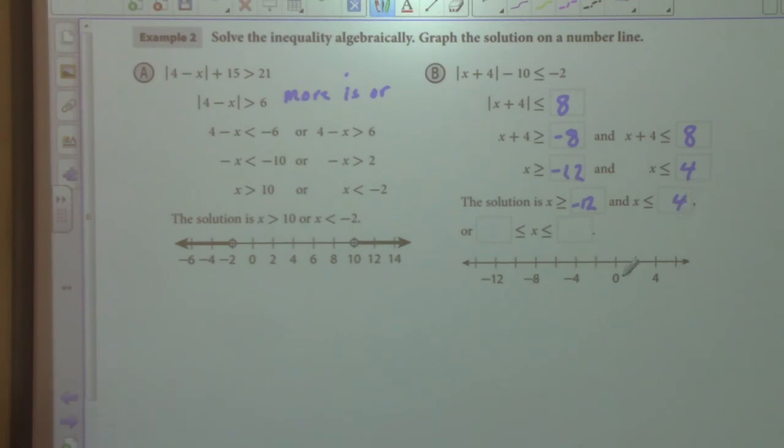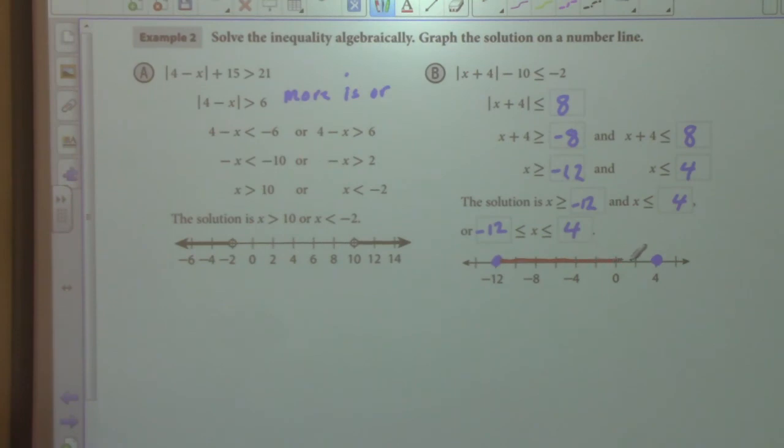And so now we can graph these on our number line. Are we talking about the open circles here or the closed point? The closed point. And this -12 and 4, the closed point is going to be right here and right here, is that right? And then right in between the two. Yeah.